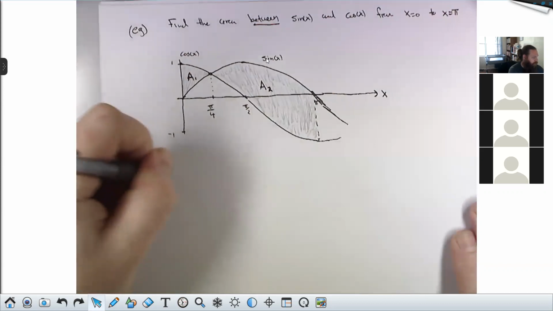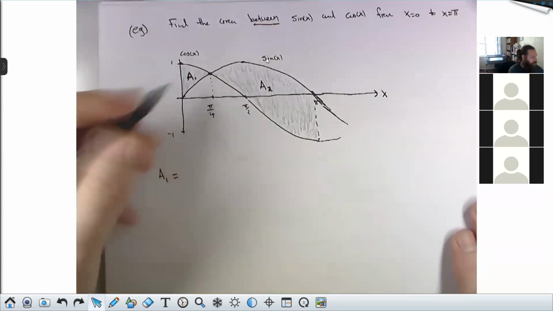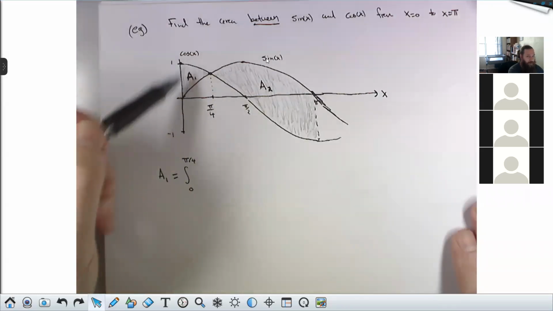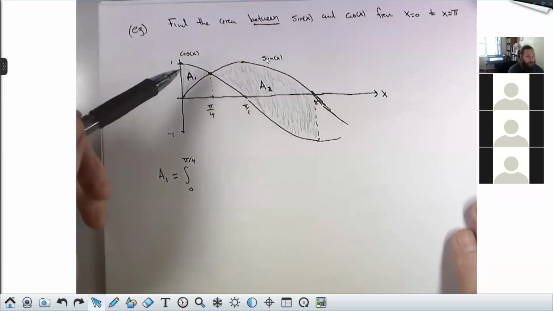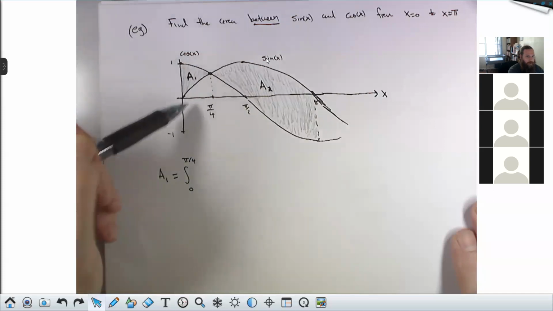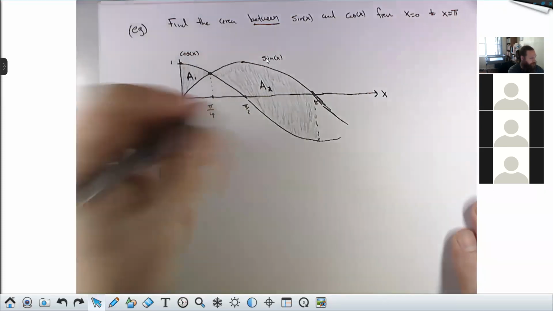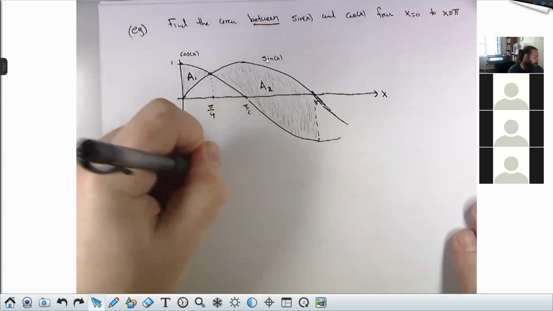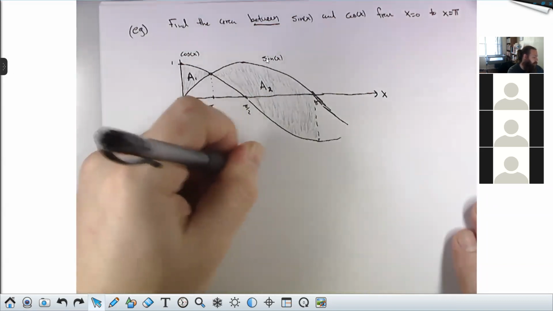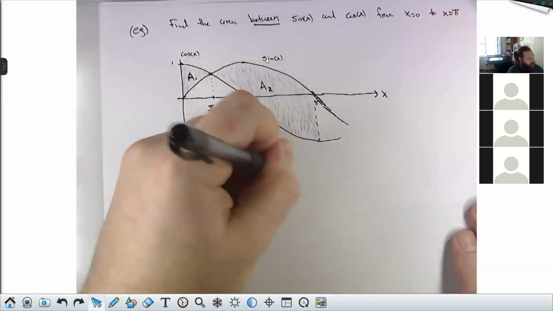So A1, this first region, is going to be the integral from 0 to pi over 4 of the upper function minus the lower function. And from 0 to pi over 4, the upper function is cosine, the lower function is sine. This will be the integral from 0 to pi over 4 of cos x minus sine x dx.